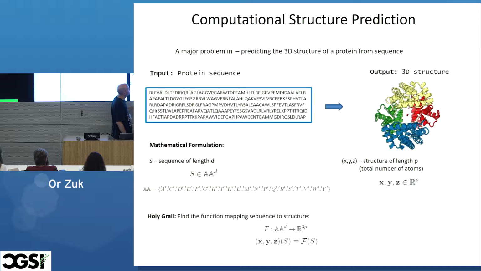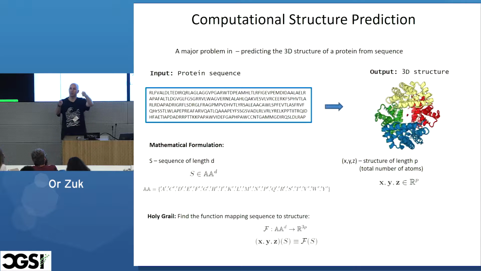And so we got this X, Y, Z. So we're really after a function f that takes as input the sequence and outputs a structure. Now, of course, there are some symmetries: you can rotate the protein or move it, etc. But up to these trivial symmetries, this function, for the most part, is determined uniquely. Now, why is this interesting? I guess this does not need any motivation.